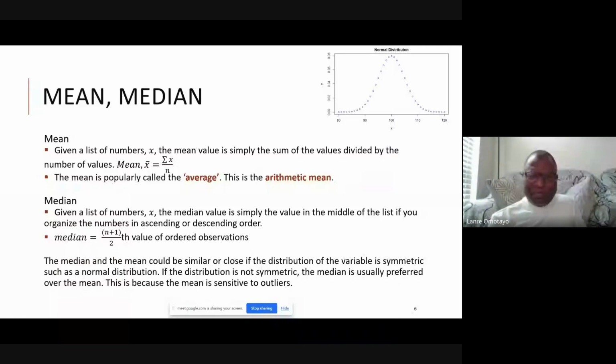But here's the problem. Let me give you an example. Say we have a football team that has about 5 players that are under 10 years old.